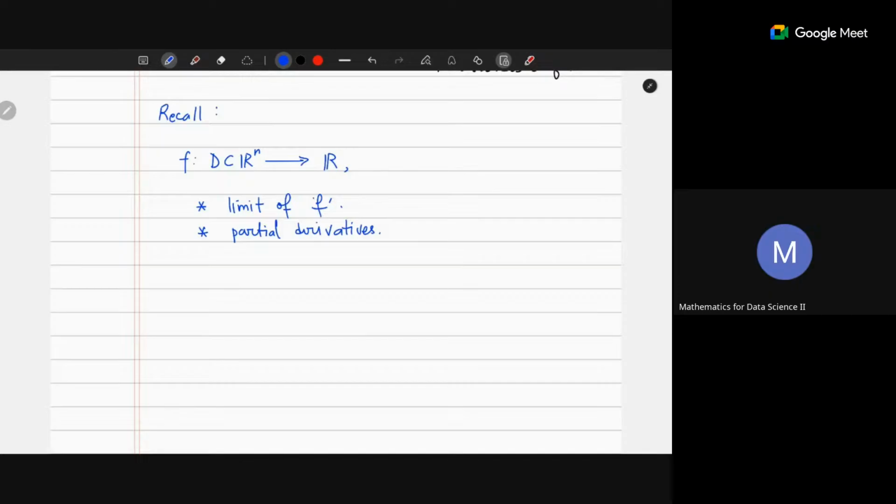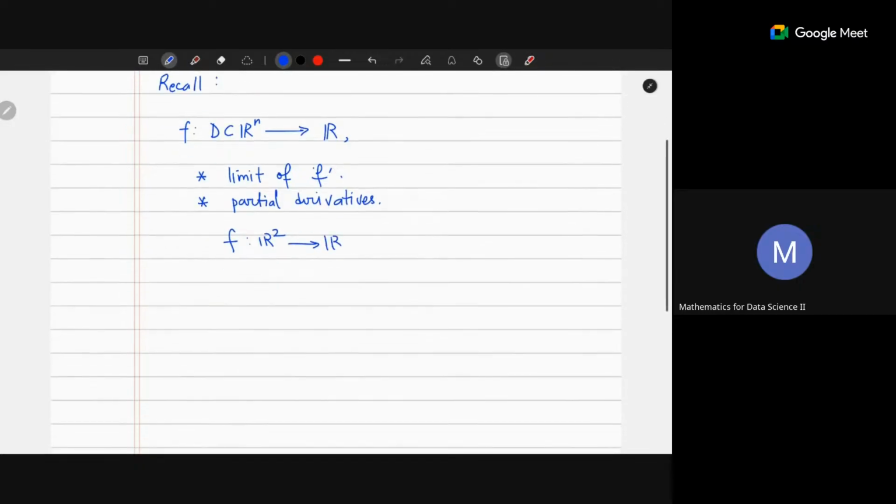The partial derivatives are nothing but the differentiation of f along the direction of the coordinate vectors, the unit coordinate vectors. So, for example, if I have a two variable function, then I will be differentiating with respect to x and y.